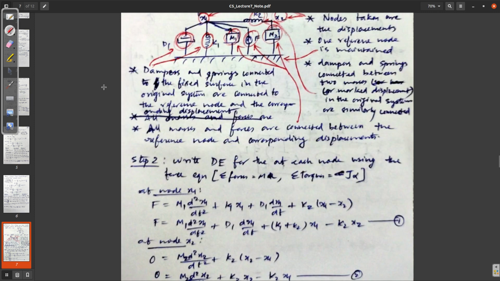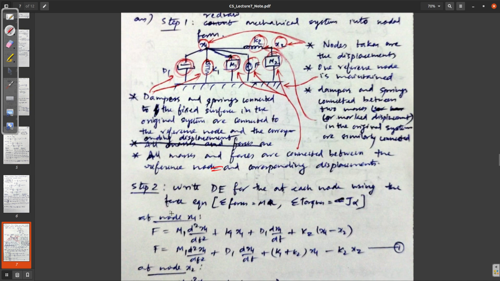it is very simple. You can write the differential equation for each node, by using the same force equation that we have done earlier. So at node x1, what is happening?